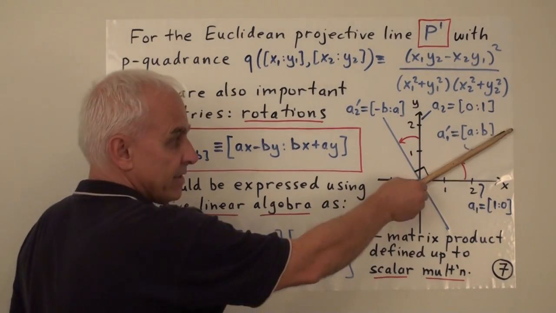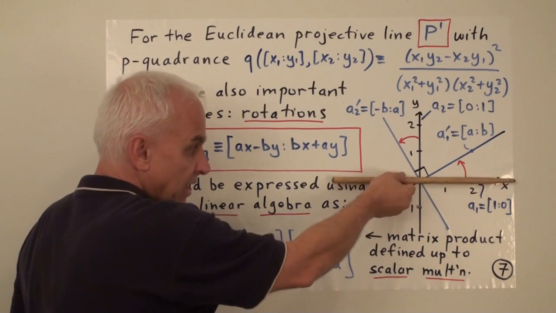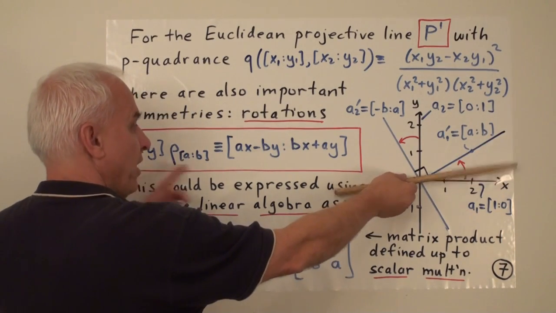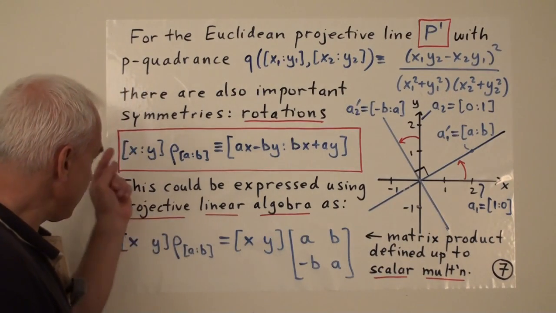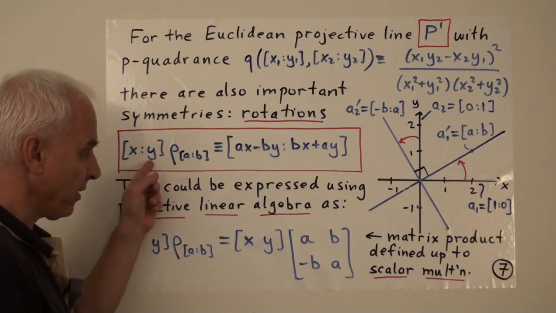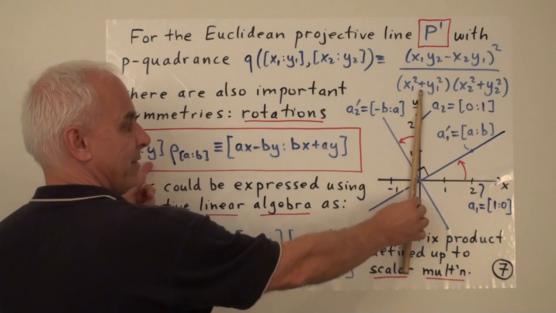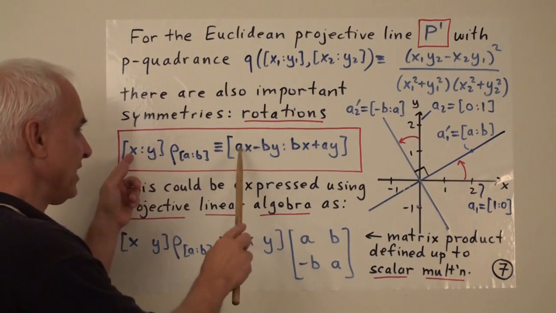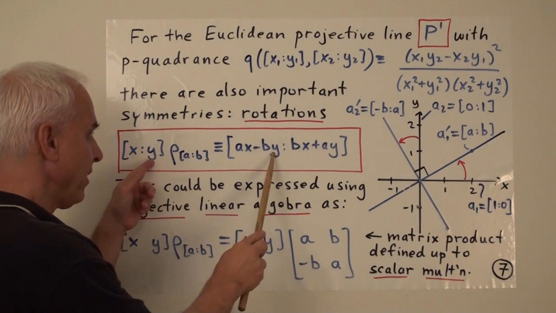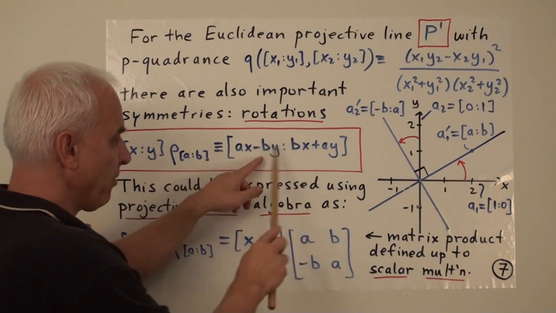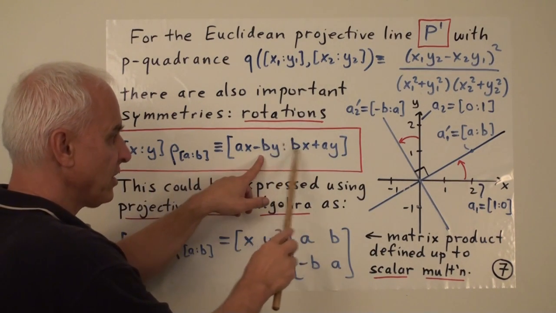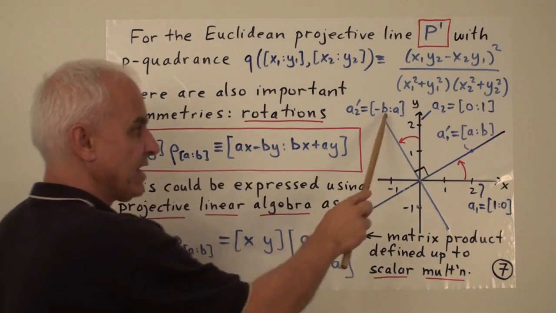We're going to get this line here. So yes, indeed, if we have a 1, 0 over here, then we have an a, b over here. What happens if we have a 0, 1 over here? In other words, we're talking about this line. If x is 0 and y is 1, then we're going to get over here minus b to a, which is exactly this one here.